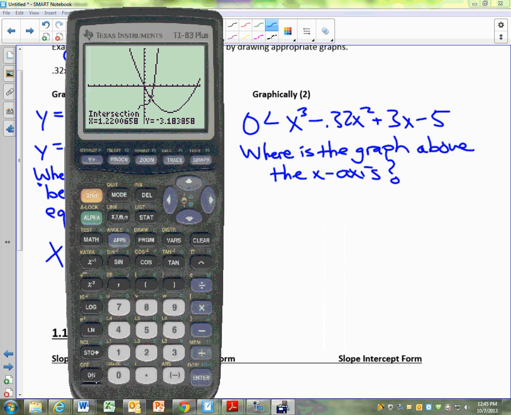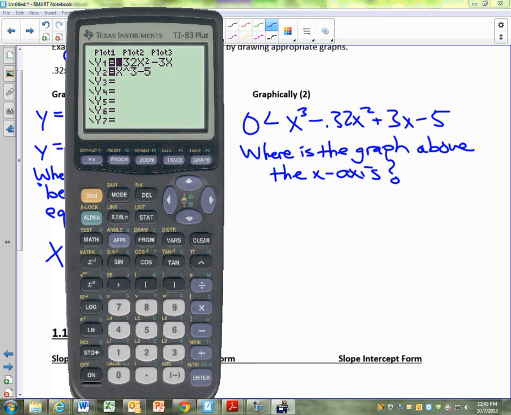If I knew what the graph looked like, I could probably figure that out. So if we go into our y equals, and we type it in, x to the third minus 0.32 x squared plus 3x minus 5, zoom standard. Look at the graph.